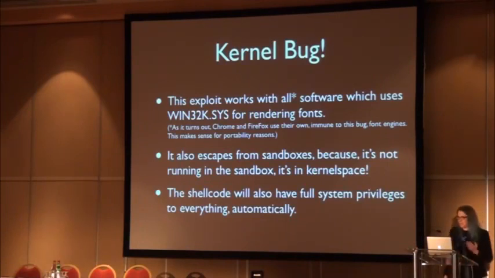But pretty much all of Microsoft stuff, it all uses the standard Microsoft GDI stuff. And pretty much if you embed this font in a web page or an Office document or whatever, it will work. It'll work even if you're running Office in a sandbox, because the exploit doesn't happen in Office; it happens in the kernel.